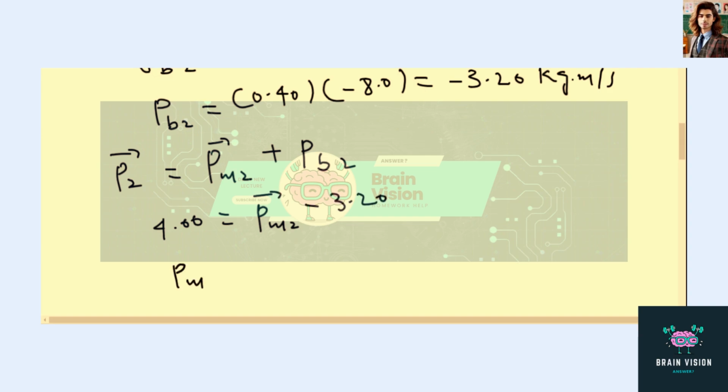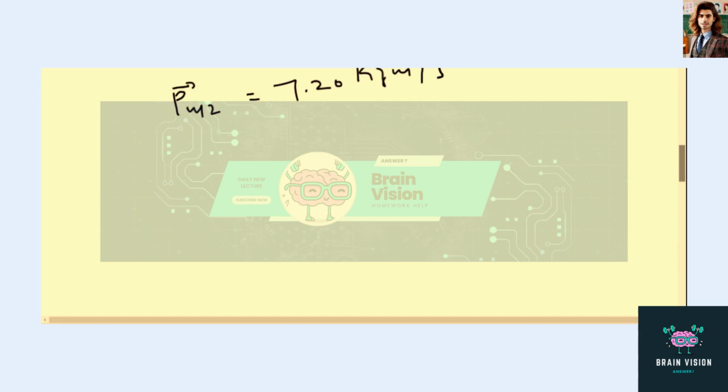So P_M2 is equal to, so the momentum of mine equals 7.20 kilogram meter per second, right?